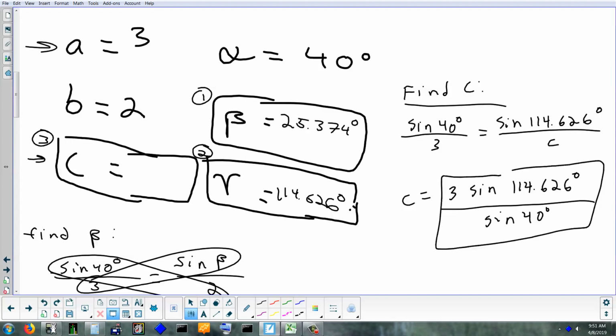Okay, before I type it in, what do I know it's got to be less than? It's got to be less than 5 because any two sides added together have to be bigger than the third. So I know it's less than 5, but it's got to be bigger than what? Both the A and B. It's across from the biggest angle, so it's got to be the biggest side. So it's got to be bigger than 3, and it has to be less than 5. So that gives me a pretty good range on what it's going to come out to.